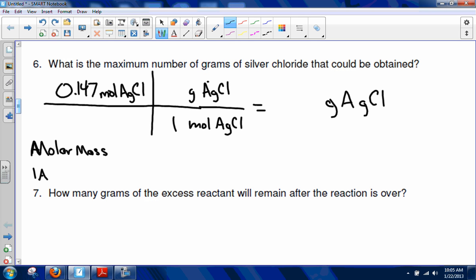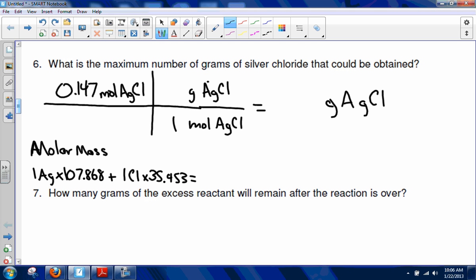So I've got 1 Ag times what's the mass of Ag, plus I've got 1 Cl times 35.453.